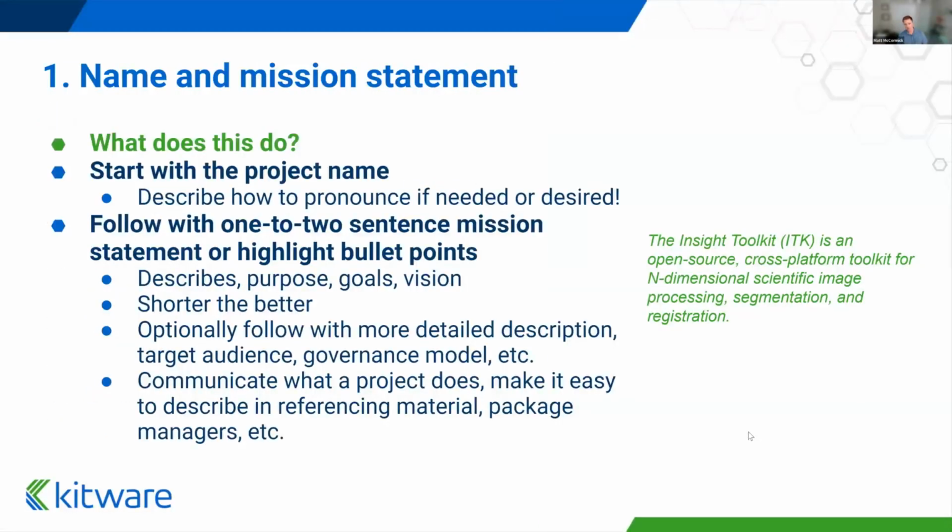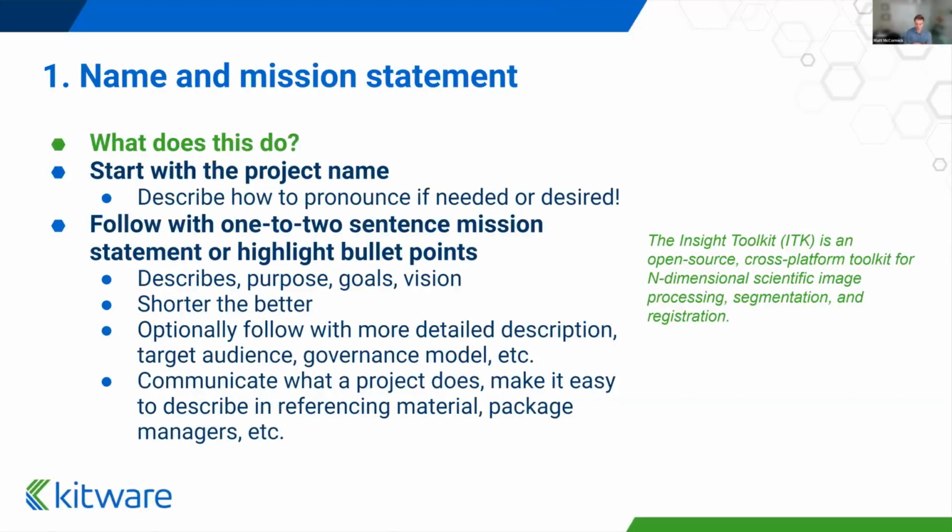First, the name and the mission statement, which help a community member identify what this project does, the most important piece of the project. Starting with the project name, which is the smallest, but probably the hardest thing to determine, you can have a fancy name that's difficult to pronounce.